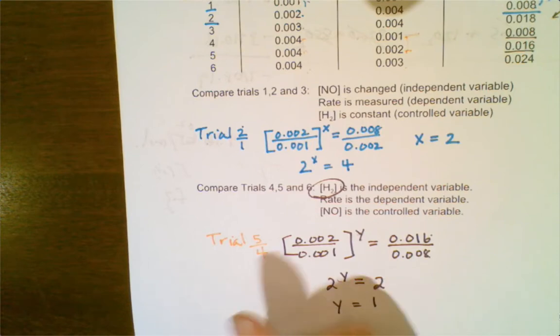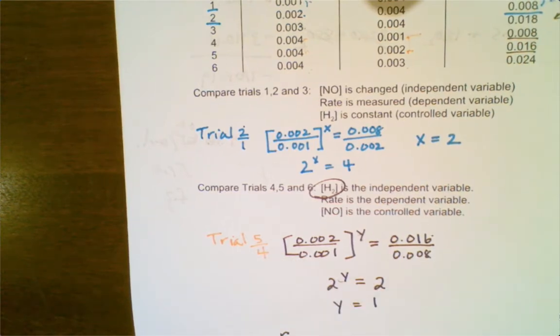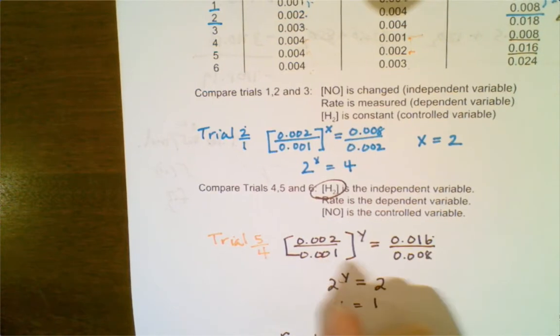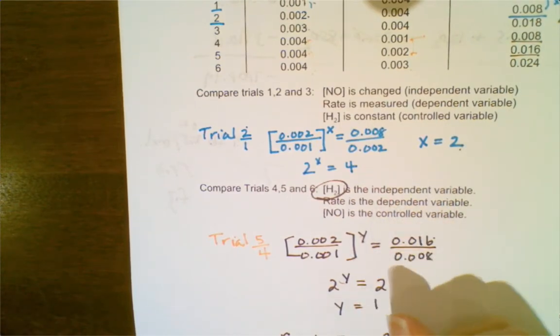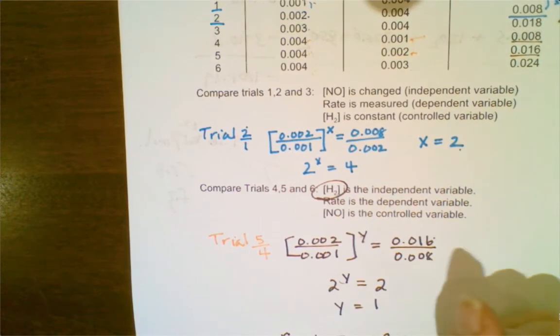So when I rewrite the rate law, R equals some sort of rate law constant times NO reactant to the power of 2 times H2 reactant to the power of 1.